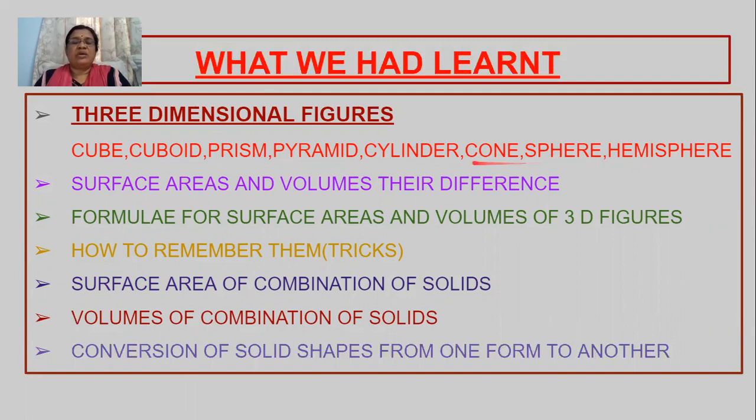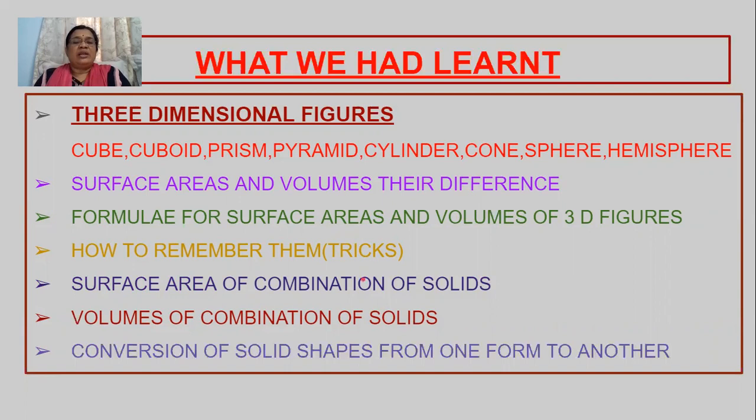I showed what the shape of these solid figures will be, explained the surface areas and volumes and the difference between them, and gave the formulae for finding the surface areas and volumes of these solid figures. I also explained the tricks behind each formula and how to remember them.